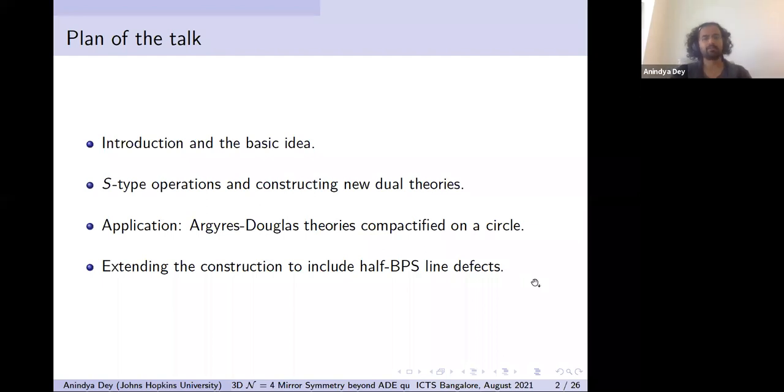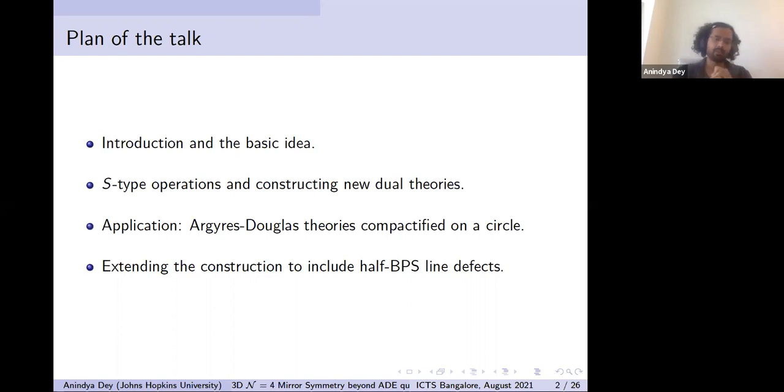All right, so with that in mind, let me present the plan of the talk. So firstly, I'll introduce various basic concepts and make the statements that I just made a little more precise. Then I would basically introduce the technical aspects of the construction, and I'll explain how to use those things to construct new dual theories. And then we'll learn about a particular application of this construction to a set of theories called Argyres-Douglas theories, compactified on a circle to 3D.